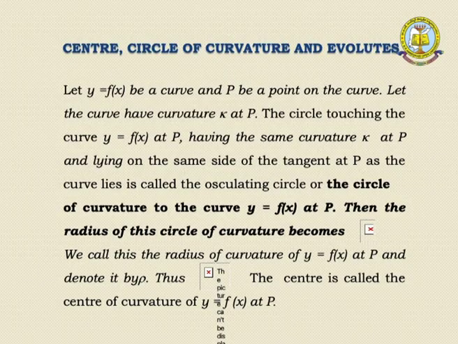Then the next topic: center of curvature, circle of curvature and evolutes. Let y is equal to f of x be a curve and P be a point on the curve.